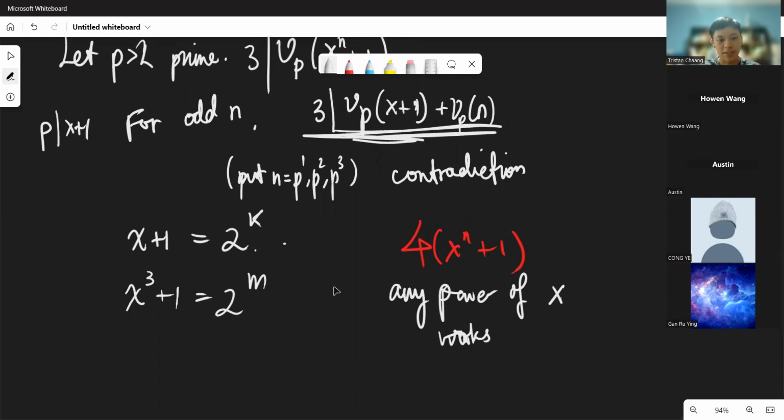But why would x cubed plus 1 being a power of 2 destroy this problem? Can this happen?